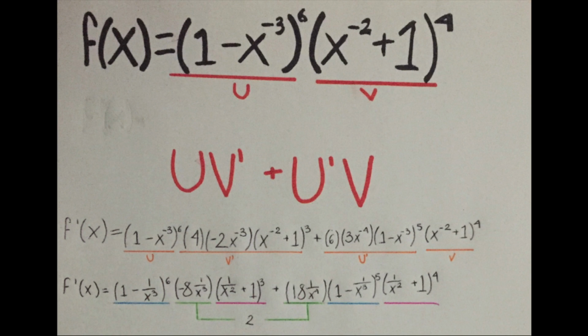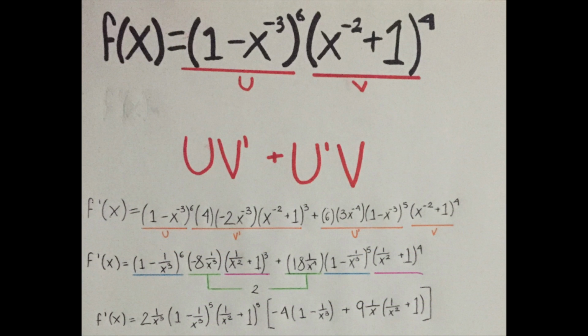So let's find a number that is divisible by these two. So we need to find the least one. We can conclude that it's number 2 because it's the smallest one that can be divisible by these two coefficients, that is minus 8 and 18.